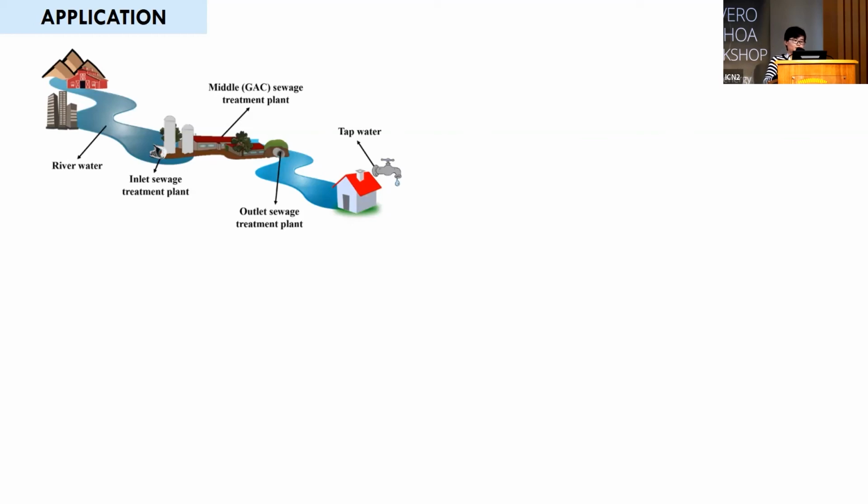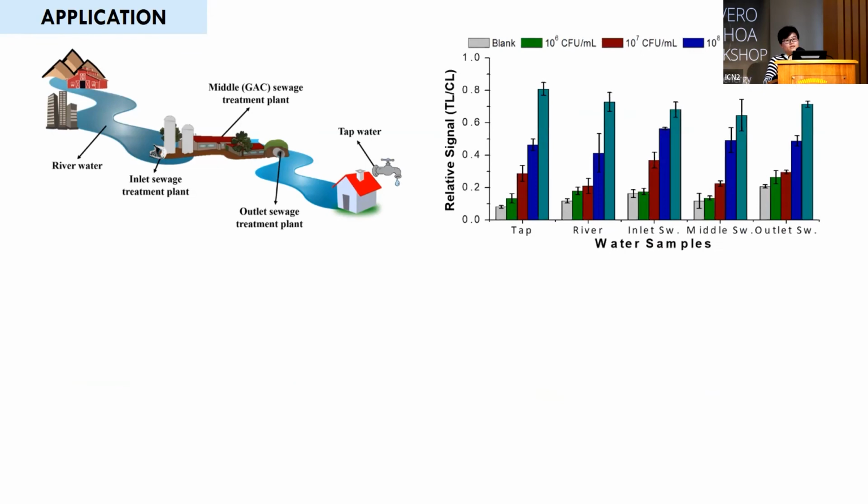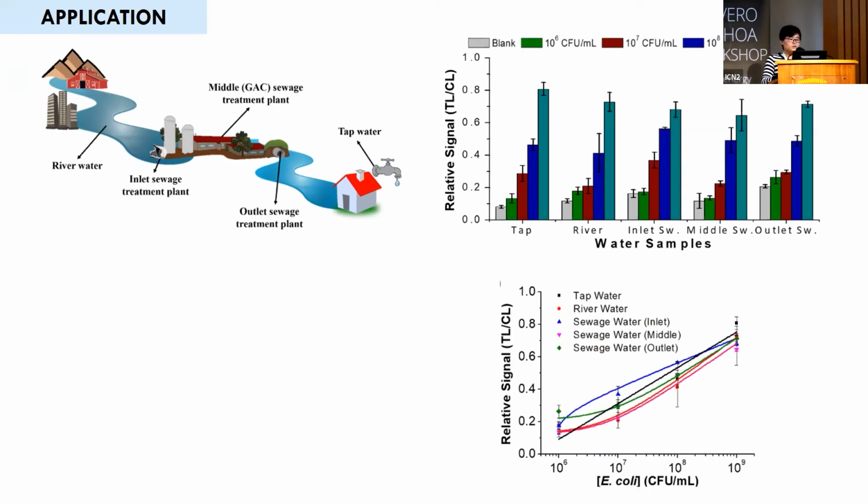We also applied these strips to different sources of water samples, spiking E. coli into different kinds of samples, to prove that this method is suitable for real sample detection.